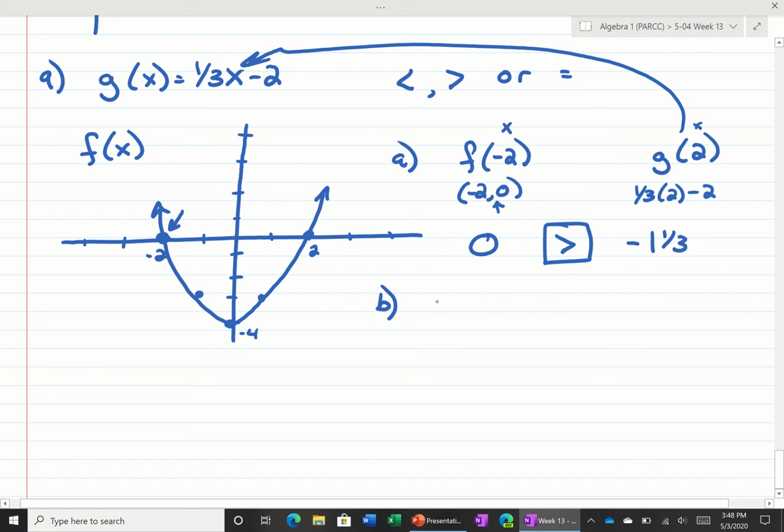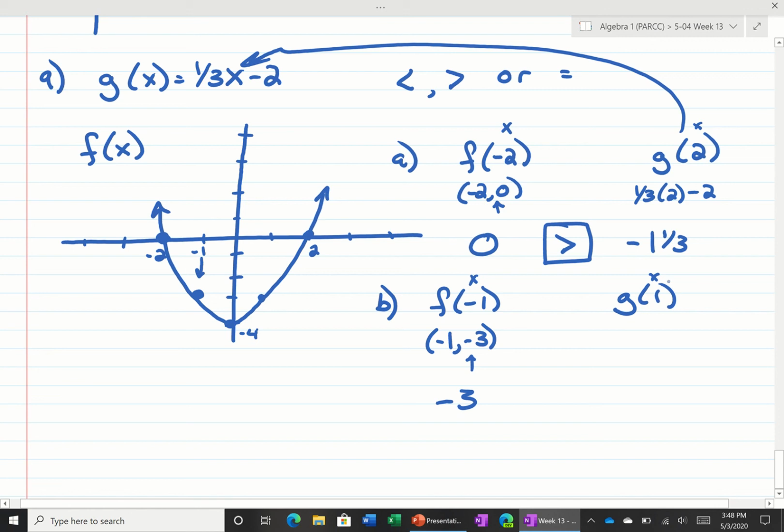For part B, it's asking us to compare f of -1 with g of 1. And we're going to do the same thing. We're going to put these values in for x. So f of -1 is right here. We go to when x is -1, and we go down to the graph right here. Looks like we have the point -1, -3, and we use the y value.